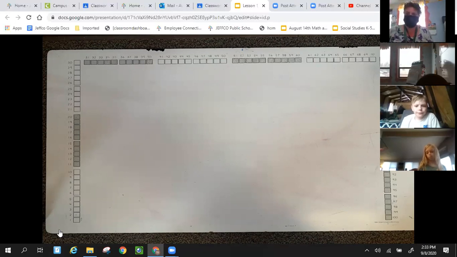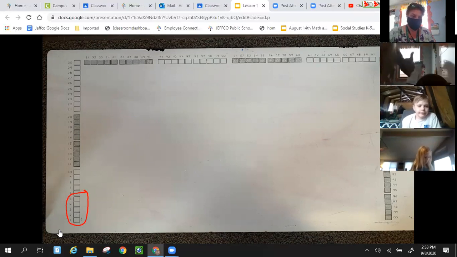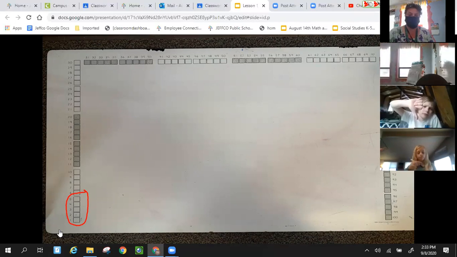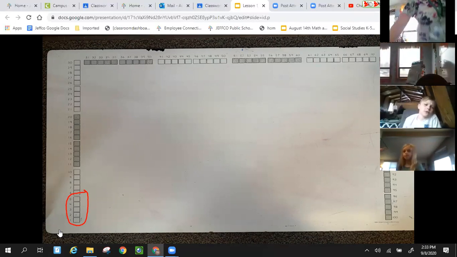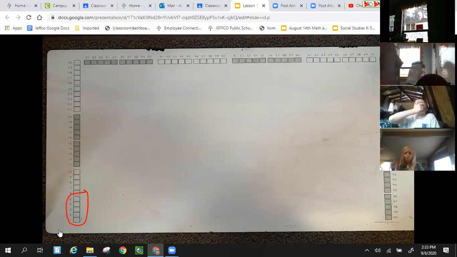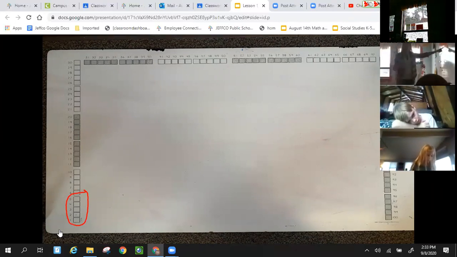You are going to take your marker and you're going to circle one group of 5. If you did that, give me a thumbs up. One group of 5. Now, we also said one of our learning targets was to write multiplication equations to represent equal groups.